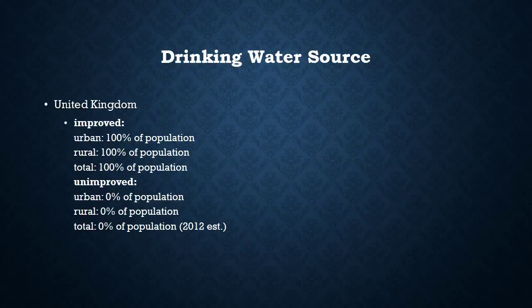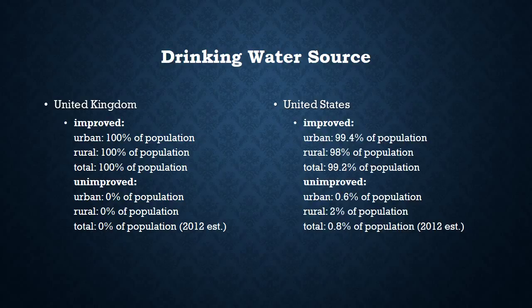For the deaths, the United Kingdom has fewer than 1,000 individual deaths, while the United States has a share of 17,000 individual deaths. Therefore, the United Kingdom has better data on HIV/AIDS.